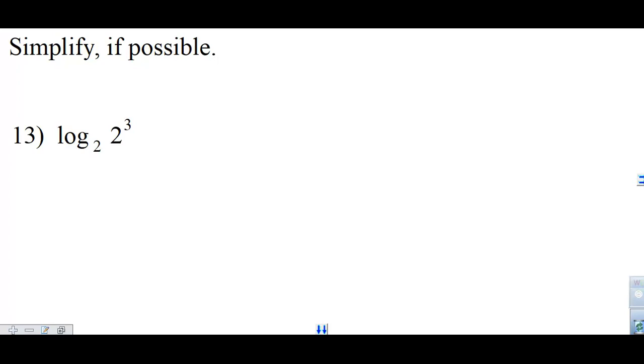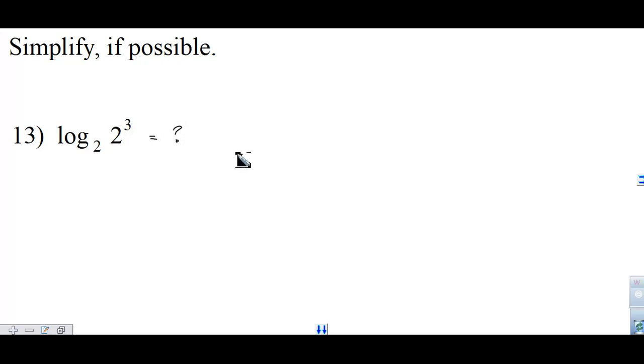In these last couple examples, I'm going to show you some logarithms that look like they might be complicated, but if you apply some of these previous properties, you can simplify them and solve nicely. In this case, I have a basic logarithm. It is not equal to anything, but you can still ask the question, 2 to what power would equal 2 cubed?